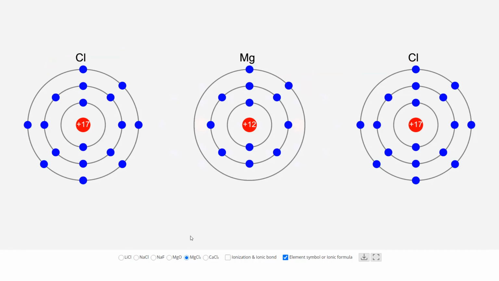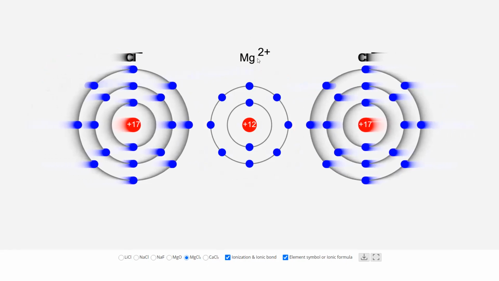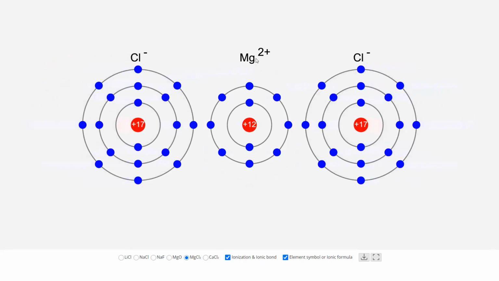So take a look. The magnesium will become 2+ because it's got 12 protons and 10 electrons. Each chlorine has 17 protons, and they both have 18 electrons. Of course, recognizing this is negative and this is positive, you can work out the overall charges for each one.